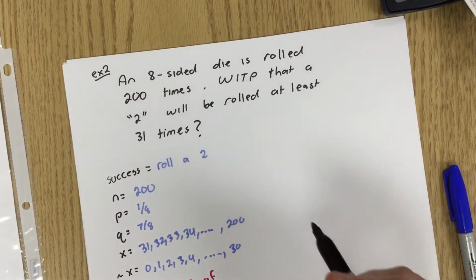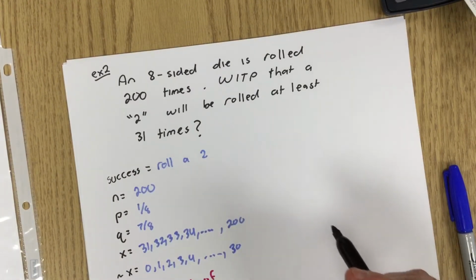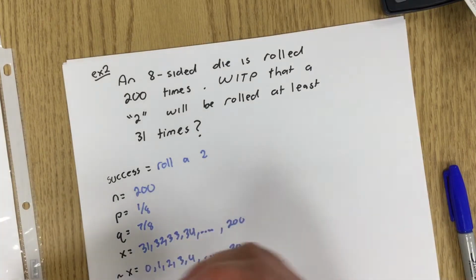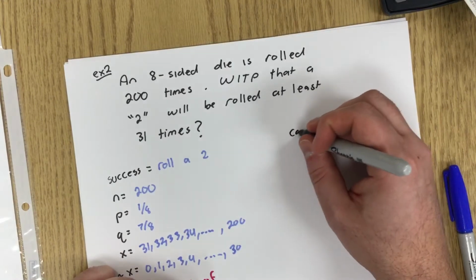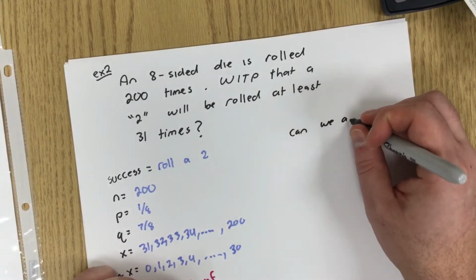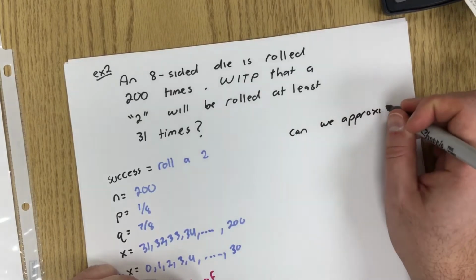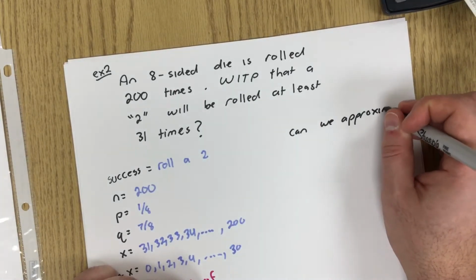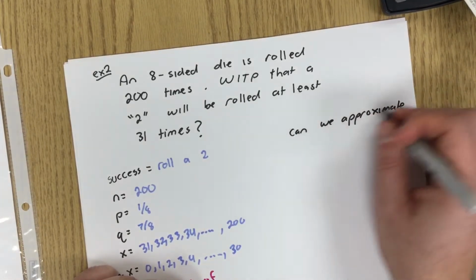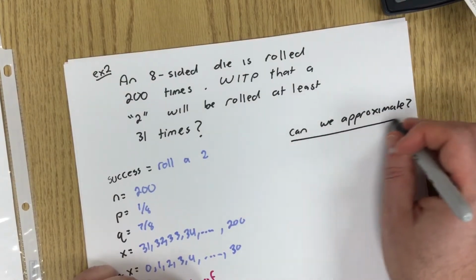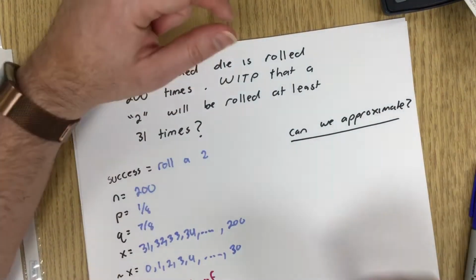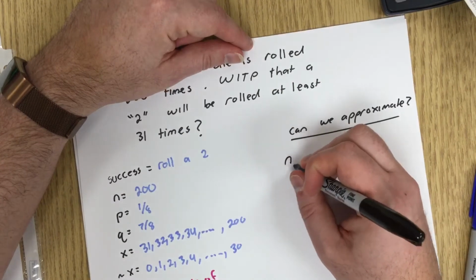So what we're going to do is figure out, first of all, can we approximate it? That's the first thing we need to figure out. Can we actually even approximate this thing? Well, first we're going to check np.